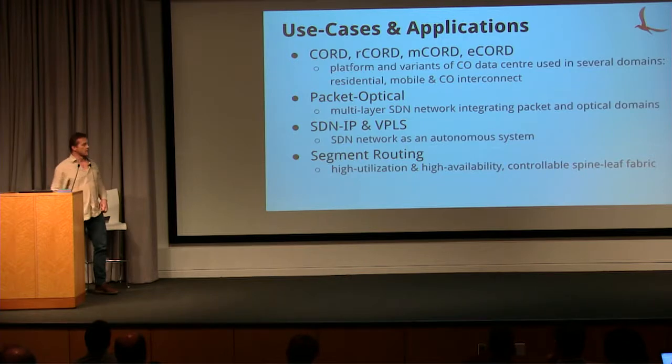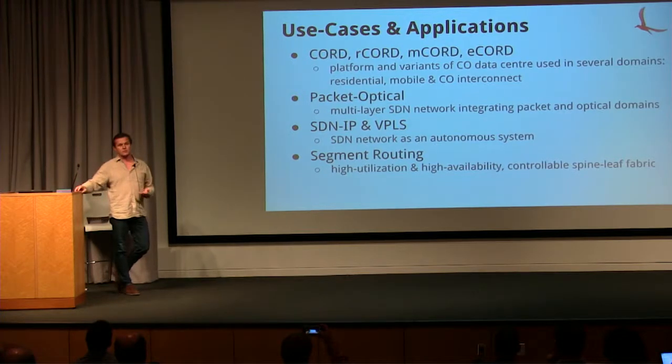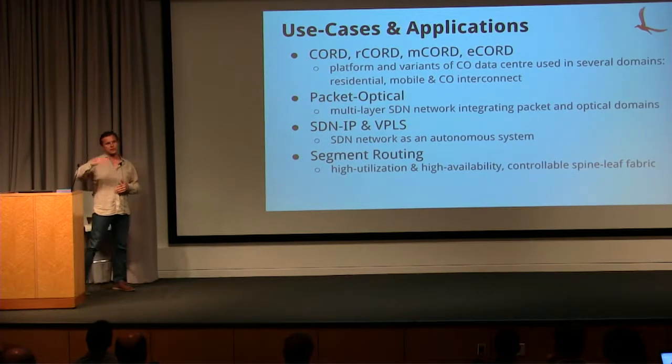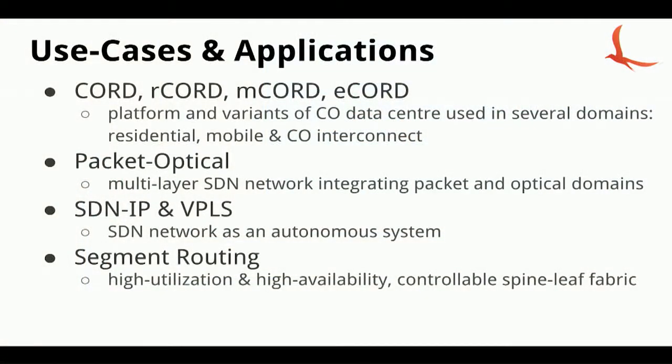The central office interconnect. It supports a packet optical use case, which effectively provides a multi-layer SDN network which integrates both packet networks as well as optical domains. SDN-IP as well as VPLS, those two work hand in hand to provide an SDN network as an autonomous system, which can be adjacent to either other SDN networks or potentially to classical networks, interfacing using BGP.